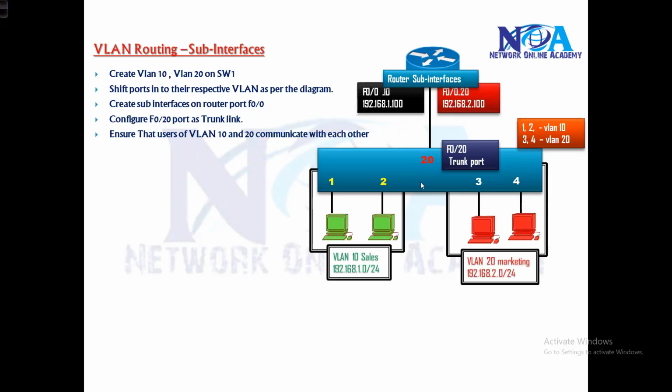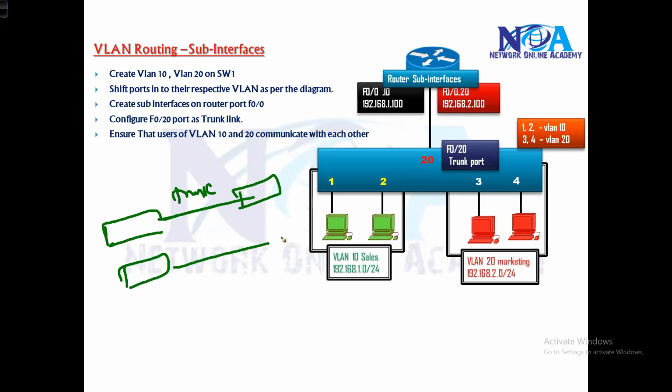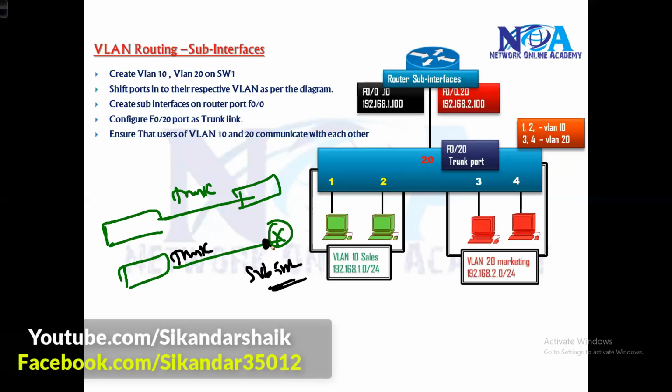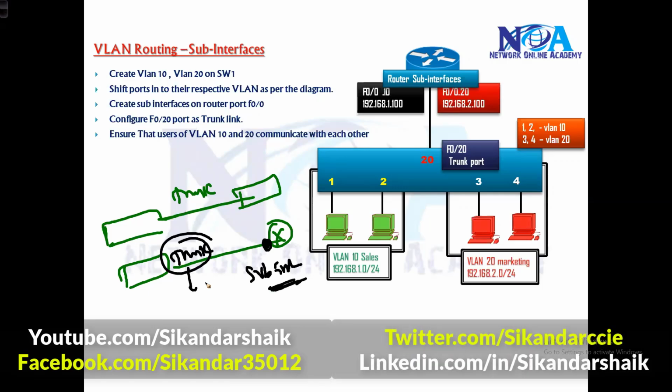As I showed you previously, the traffic will come as VLAN 10 and may go as VLAN 20. In the trunking classes, we have seen that the link between switch and switch has to be a trunk, and the switch to router link should also be a trunk if I'm using subinterfaces on the opposite side. Because when I use subinterfaces, it means this link will be carrying multiple VLAN traffic and doing inter-VLAN routing.